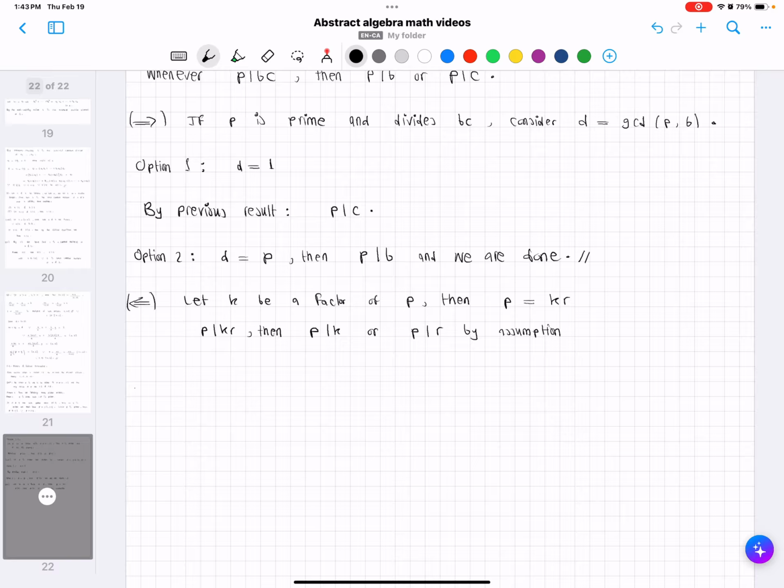So if P divides K, then P is equal to K times alpha. So therefore, K times alpha is equal to K times R.